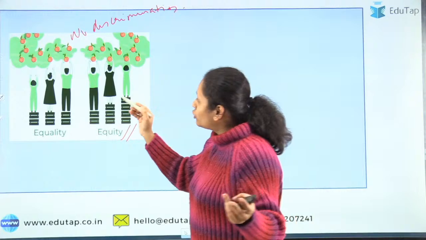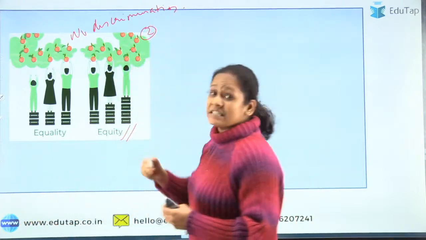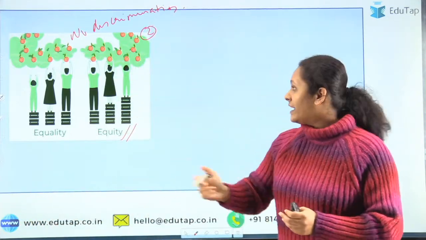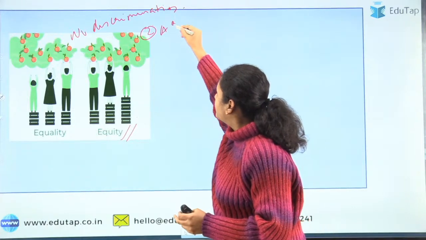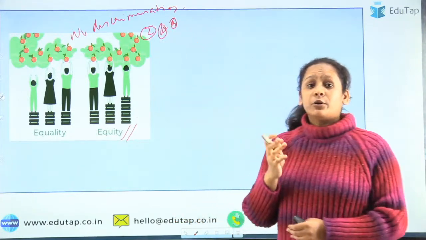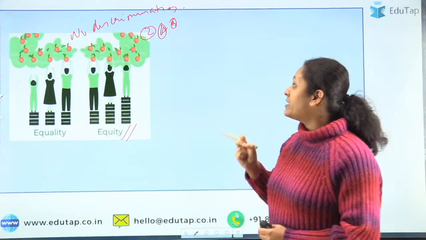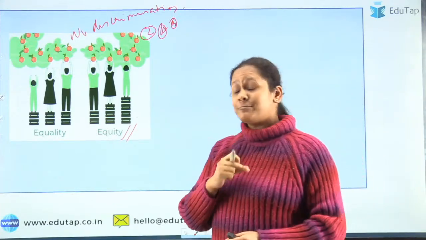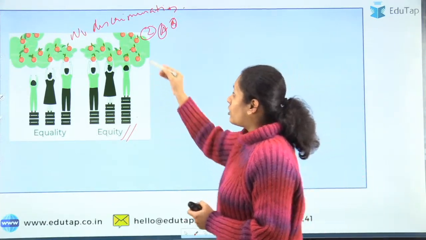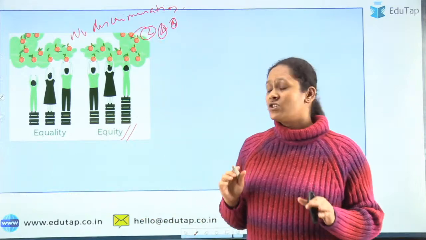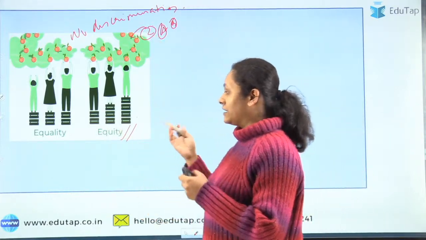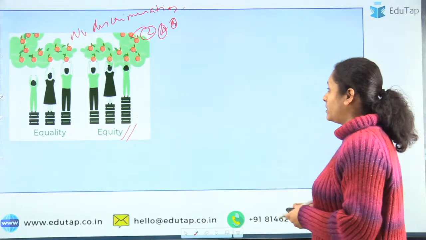Let's say there are 2 people who are performing the same task, A and B. They should be provided with the same remuneration and recognition, and there should be no discrimination based on their gender or religion. So this is what Henry Fayol's equity principle was.